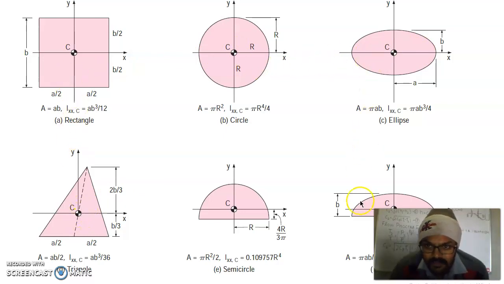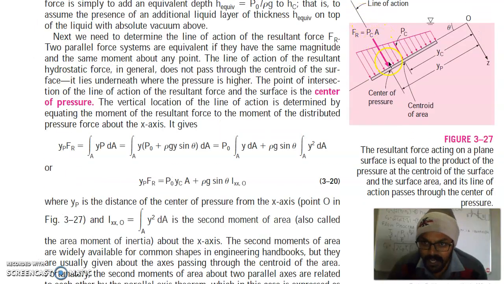So for all these shapes, the moment of inertia about the centroid is given. But in the case we are discussing, the line of action is not passing through the centroid, it is at some distance from the centroid.